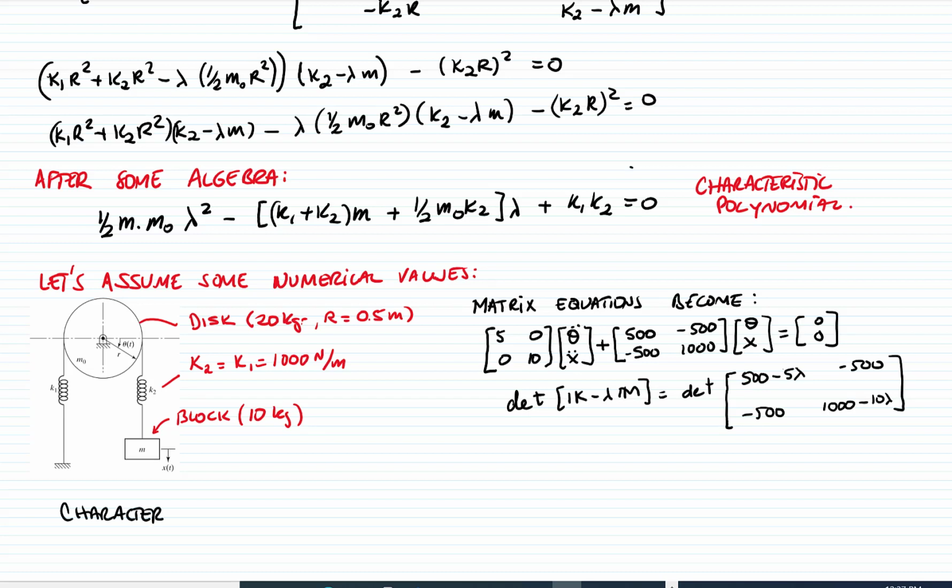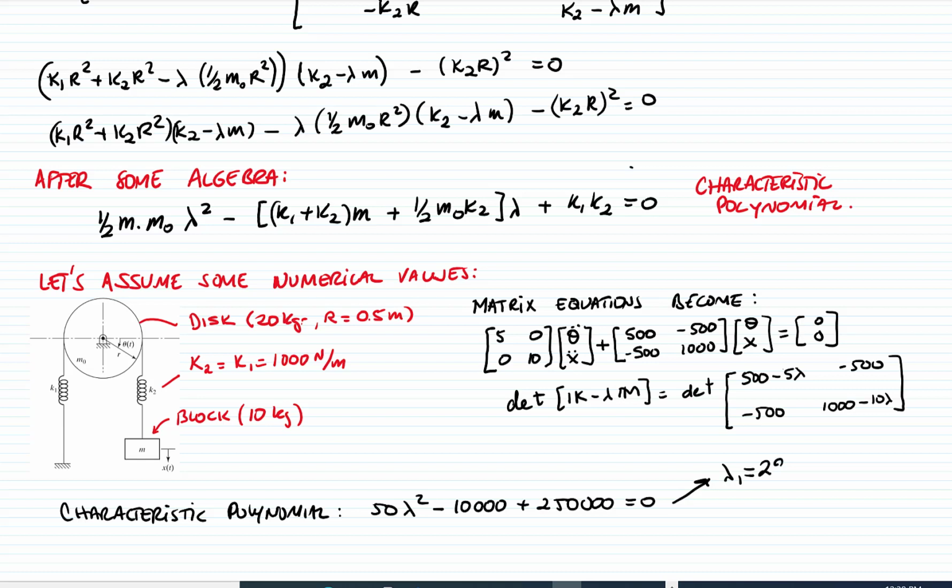And the characteristic polynomial for those values is equals to 50 lambda squared minus 10,000 lambda plus 25 times 10 to the 4th.